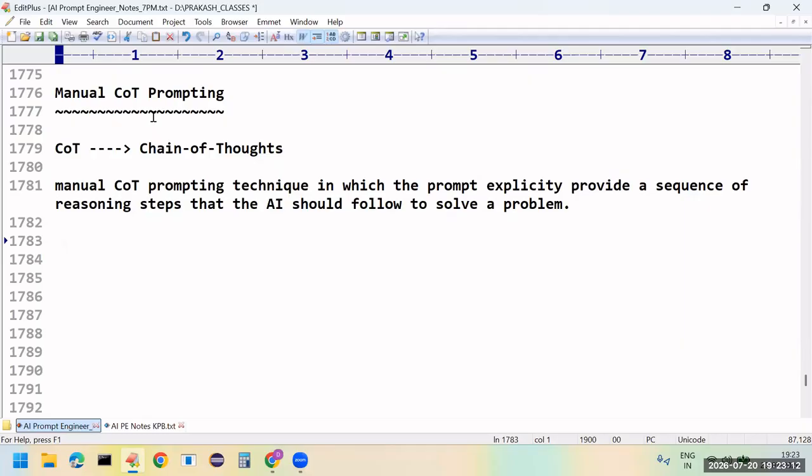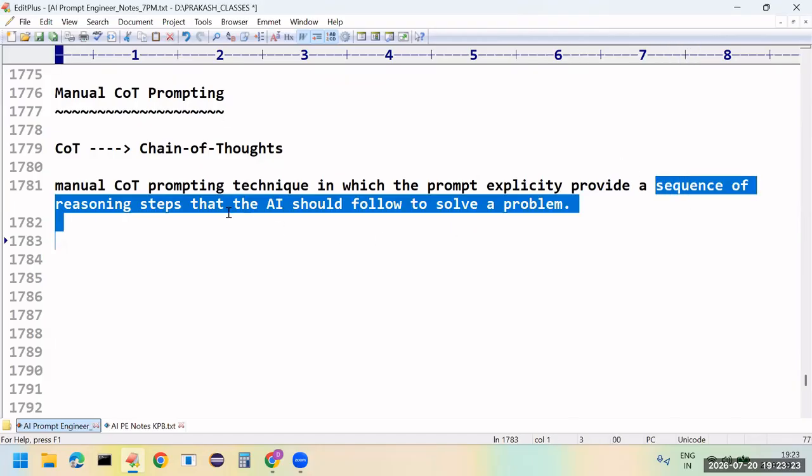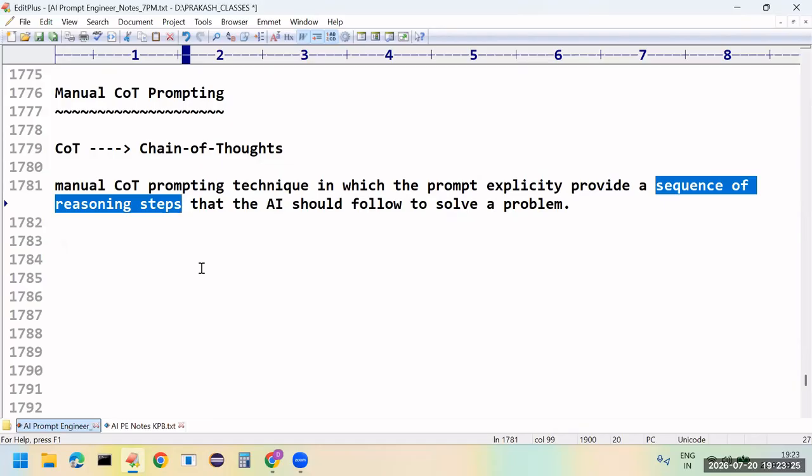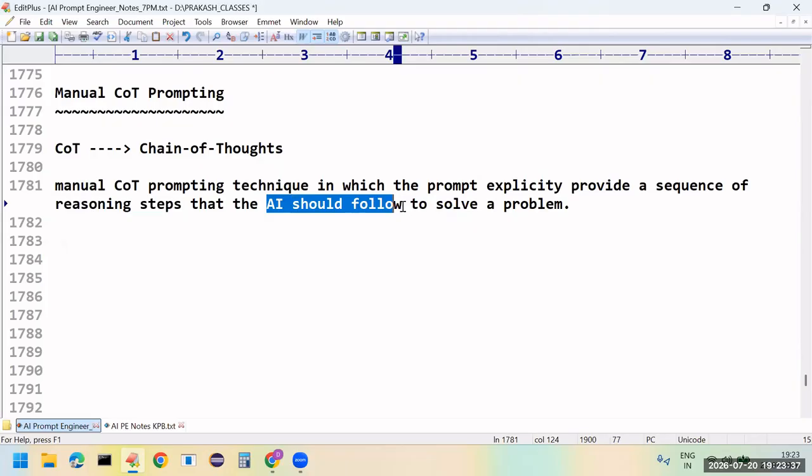Sir, I have a requirement. For that requirement, we will provide a sequence of reasoning steps: can you please analyze like this, can you please do like that. That is the sequence of reasoning steps your AI model should follow.